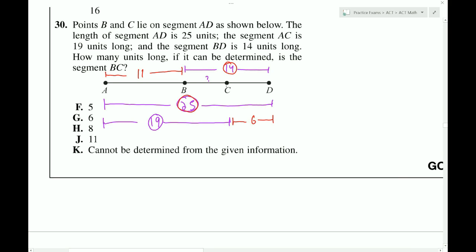So let's see if we can find them. Yes, let's say we take this one along with this one. They both end at the same position, but they start at different positions. And so the difference can be measured from their difference here. So 14 minus 6 is 8, so that would go here, and that's choice H.